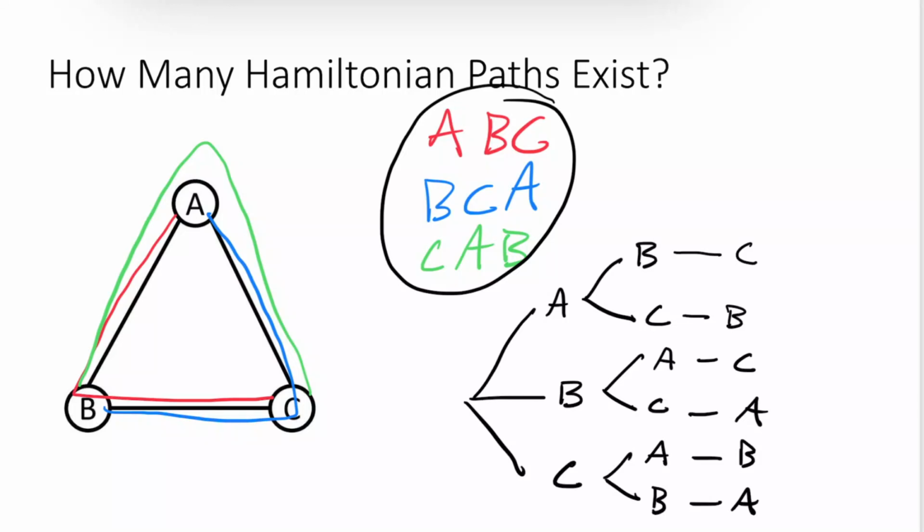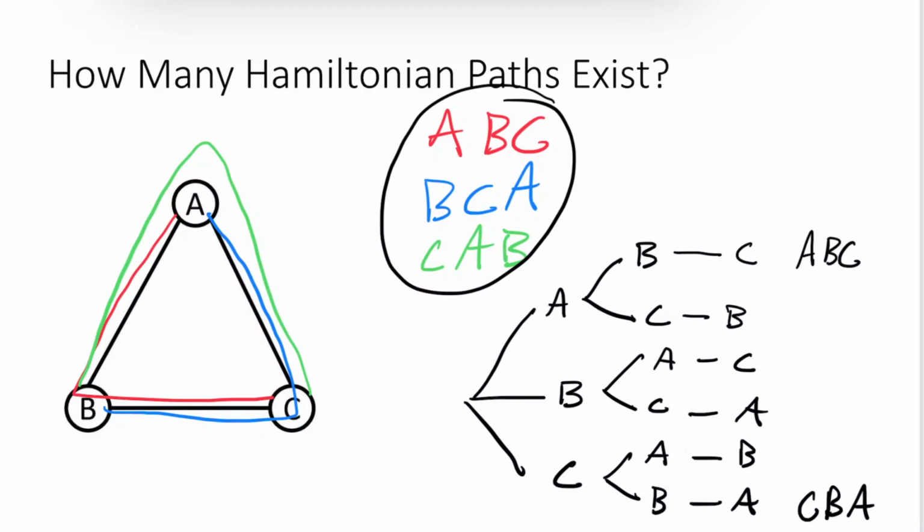That's because this branch of the choice tree, which represents the path ABC, is double counted right here because this one is CBA, which is the same path. It's just whether you go forwards or backwards on the path.